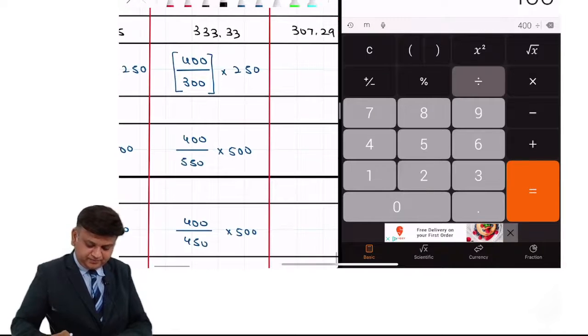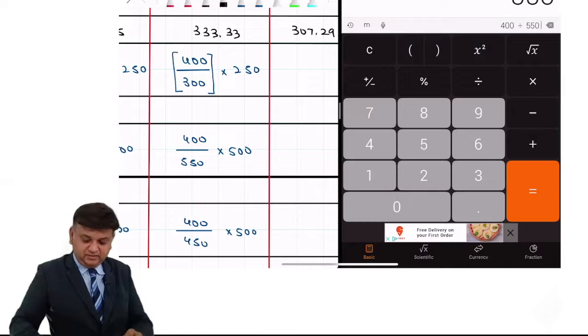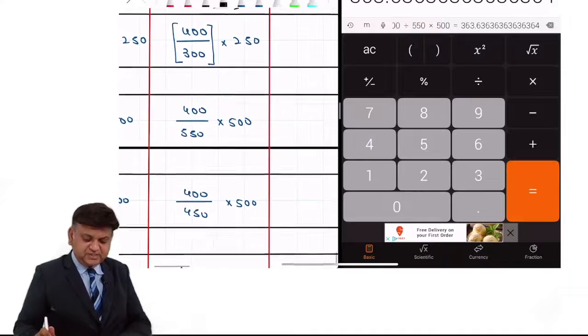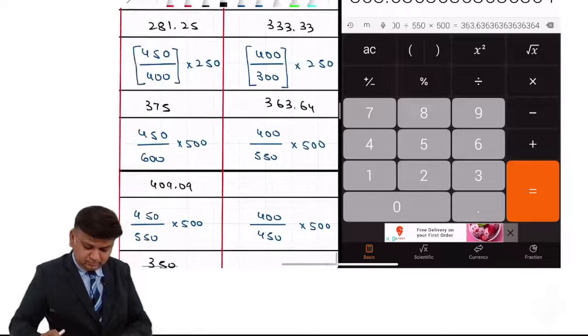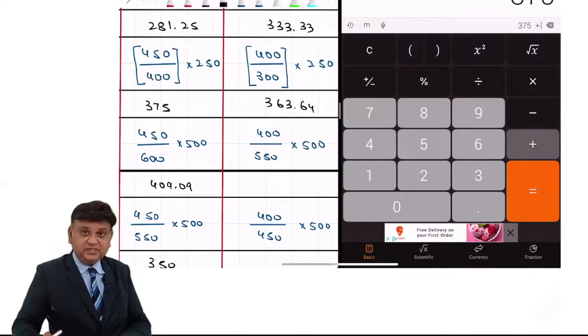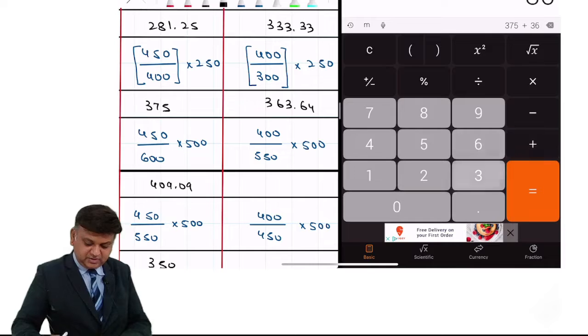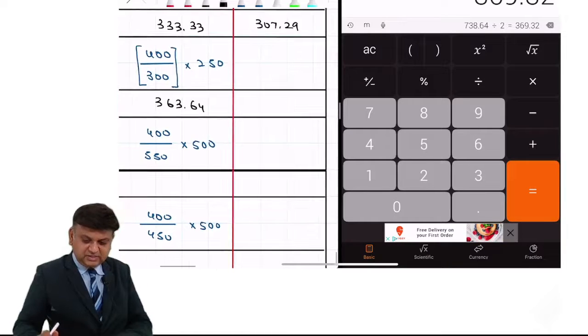400 divided by 550 into 500. That is 363.64. 375 plus 363.64, 738.64 divided by 2, that is 369.32.